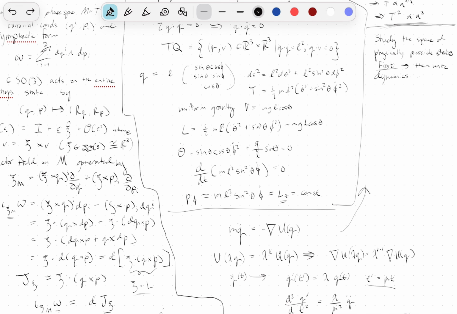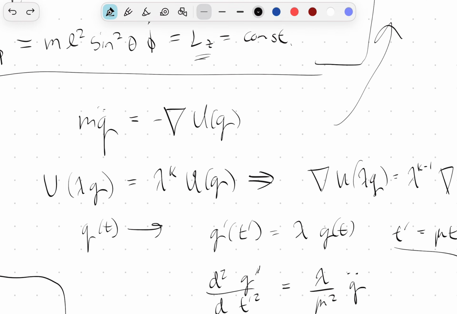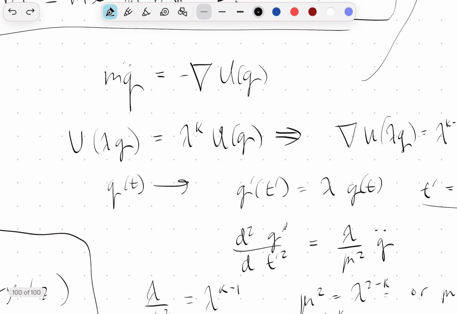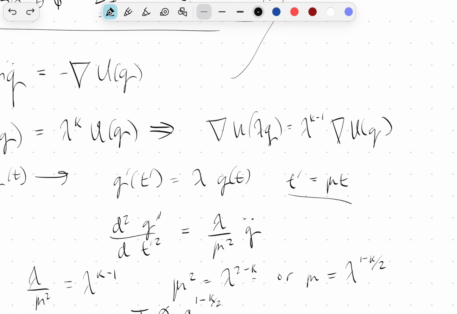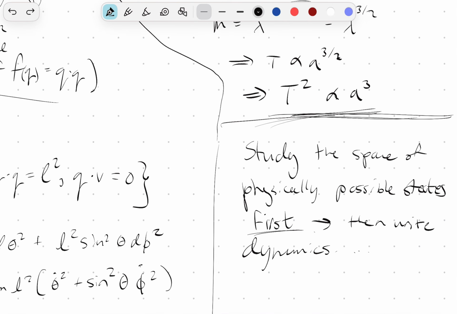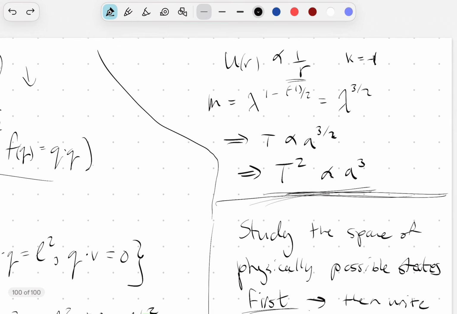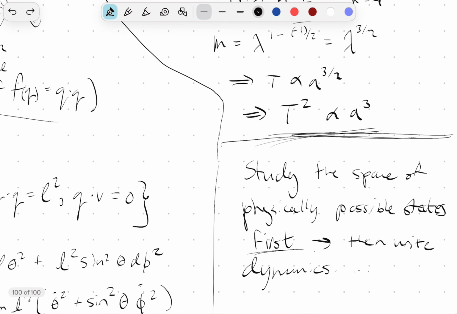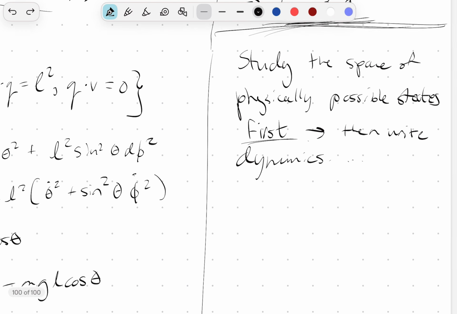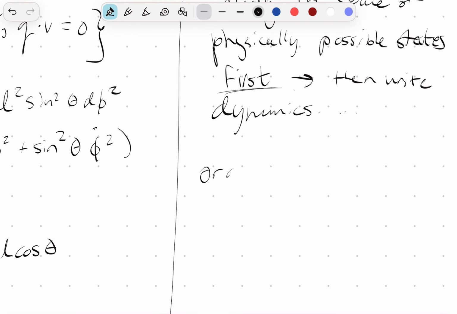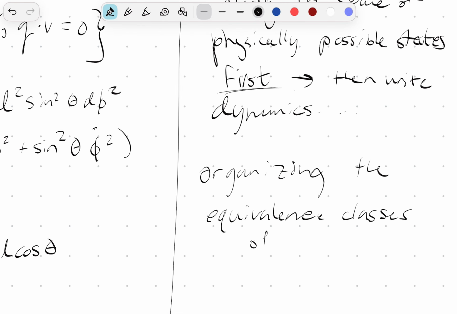Alright? And then finally, looking at homogeneous potentials in general, and using some kind of similarity transformation argument, yields scaling laws like Kepler's. There are also other scaling laws that you could get, like isochrony, etc. So there are just ways of organizing the equivalence classes of motion under the relevant transformations.